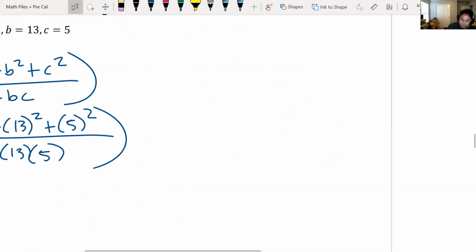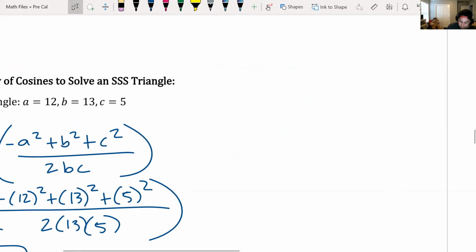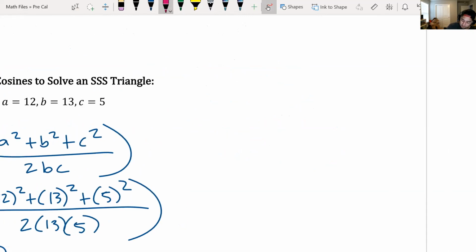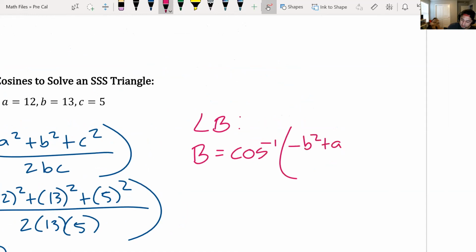Okay. B. Angle B, given by negative b squared plus a squared plus c squared over 2ac.